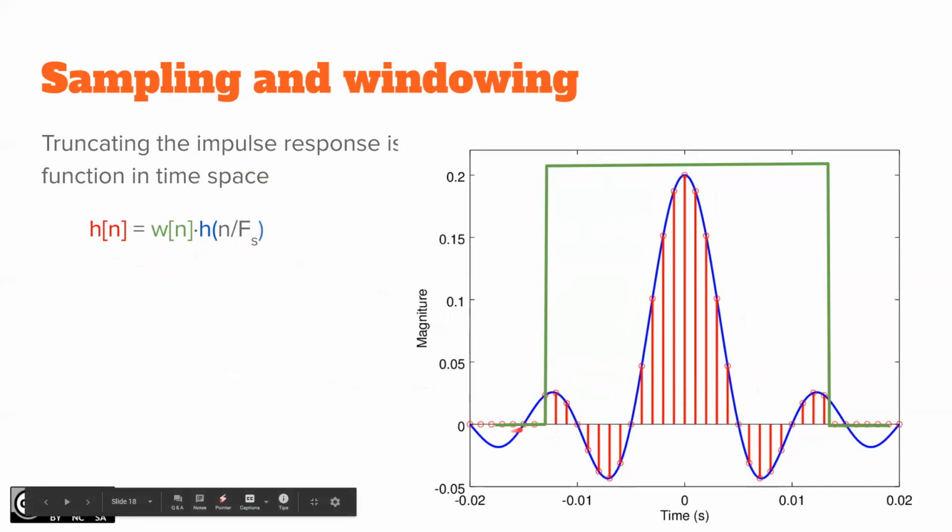But anyways, we have the sampled impulse response, which is now defining an FIR filter. FIR filter coefficients are defined by these samples symmetrically on both sides of the origin.